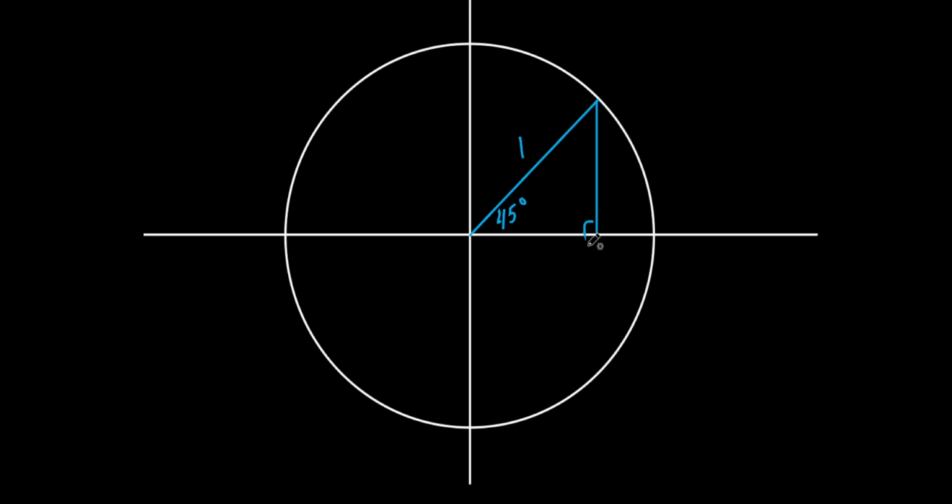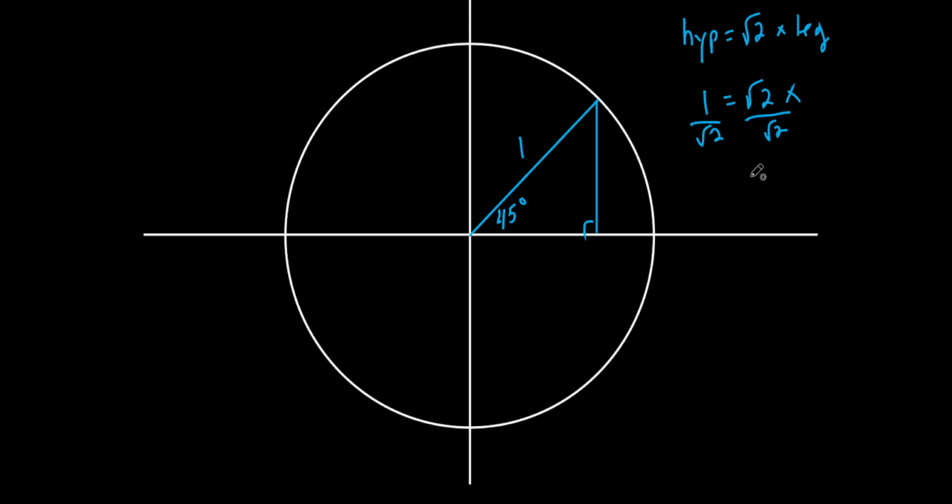Do you remember what the relationship was between the legs and the hypotenuse? Remember, the hypotenuse was the square root of 2 times the leg, all right? So if I know the hypotenuse is 1, how do I find the leg? We'll call it x. Divide it by what? Square root of 2. What's that? 1 on root 2, right? Or 1 over the square root of 2.